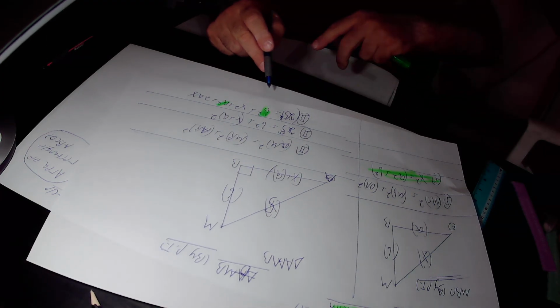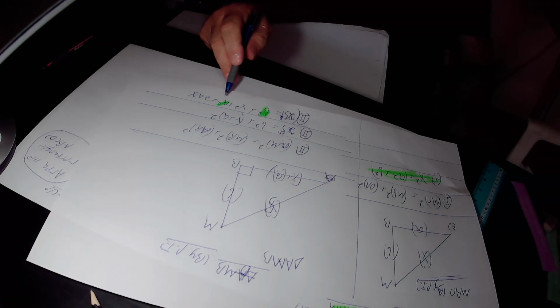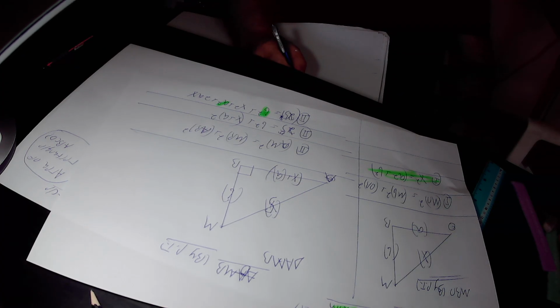So here we have 25 equals b squared plus a squared, which is x squared according to equation 1. So we have x squared plus x squared plus 2ax.